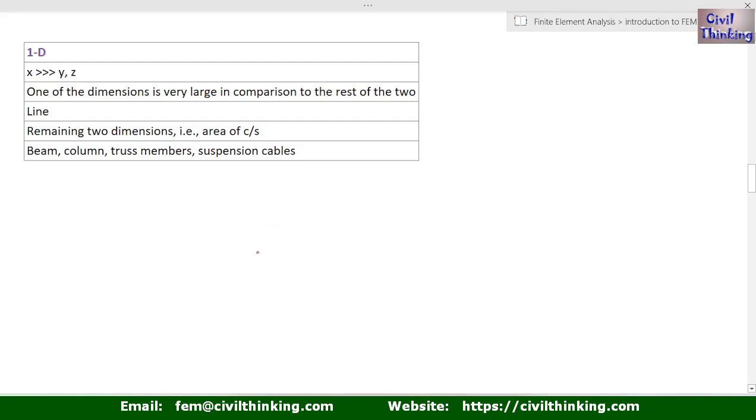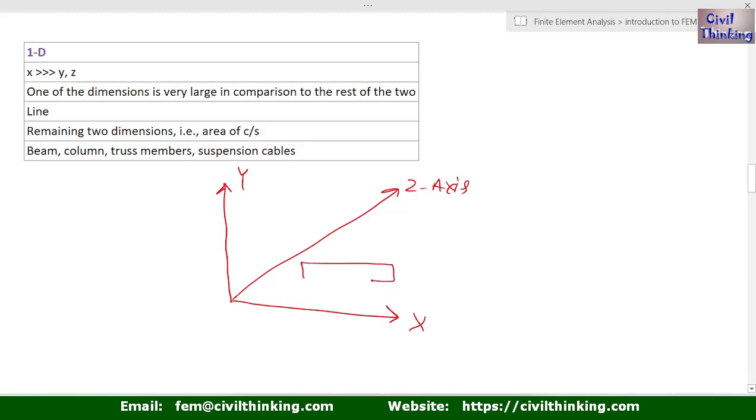For example, you have, let us say, this is the x-axis, this is the y-axis, and this is the z-axis, okay. Now when you have a body like this, you can see this is the x component, and this is the y, and this is the z, right.